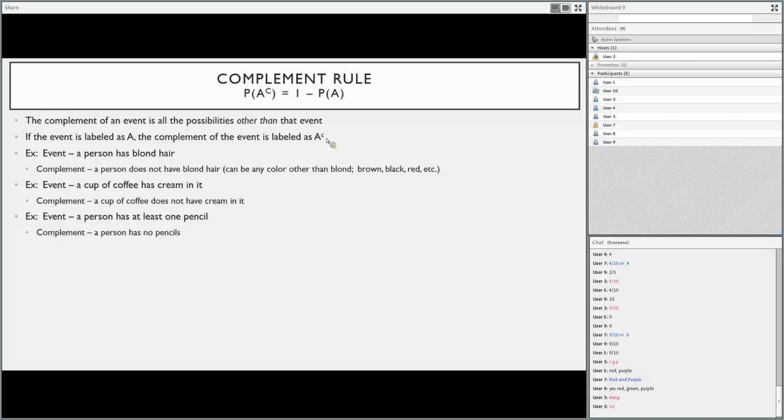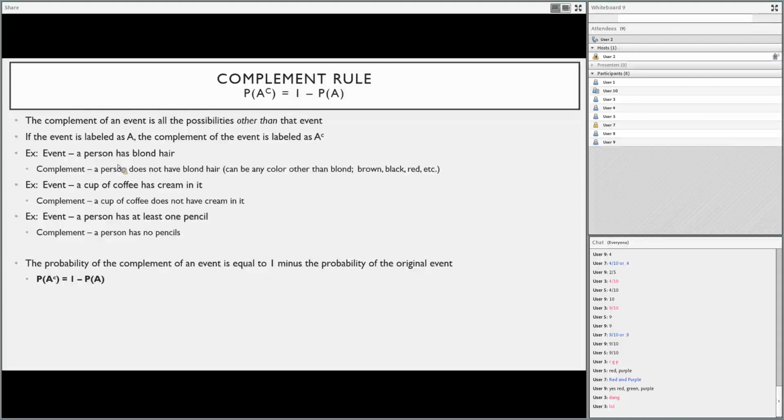I either brought at least one pencil to class, in which case I can take notes, or I did not bring any pencils to class and I feel silly because now I can't take notes. Okay? So the formula for calculating complements and relating them to the probability of the original event is this one right here.